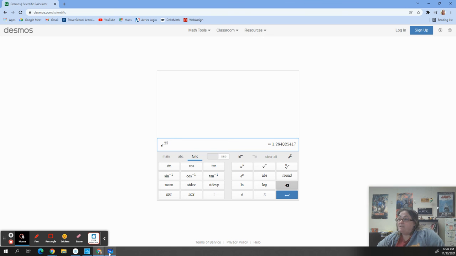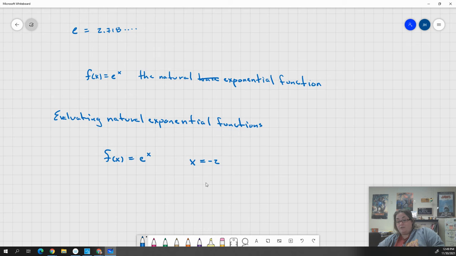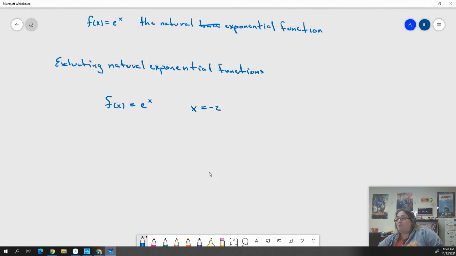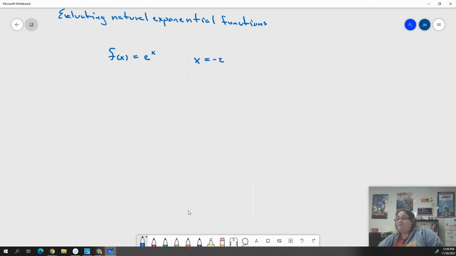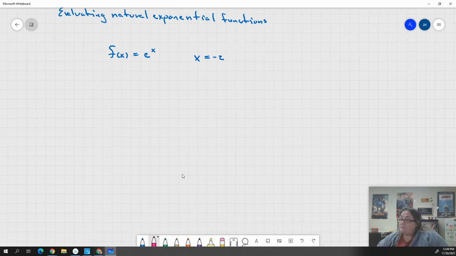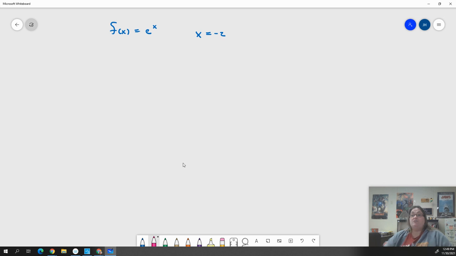Everything else is using this knowledge to find what we call compound interest. Now, compound interest is interest that is usually either charged to you or charged from you.